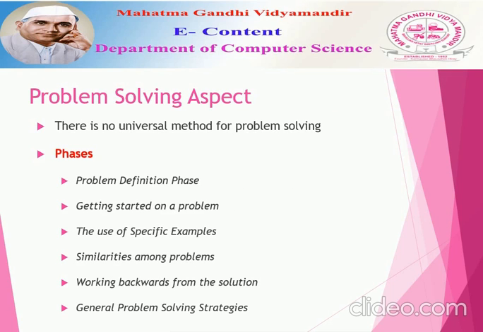So there are some problem solving aspects. There is no universal method for problem solving, but there are some phases that we can apply to solve the problem. They are listed below: problem definition phase, getting started on a problem, the use of specific examples, similarities among problems, working backwards from the solution, and general problem solving strategies.